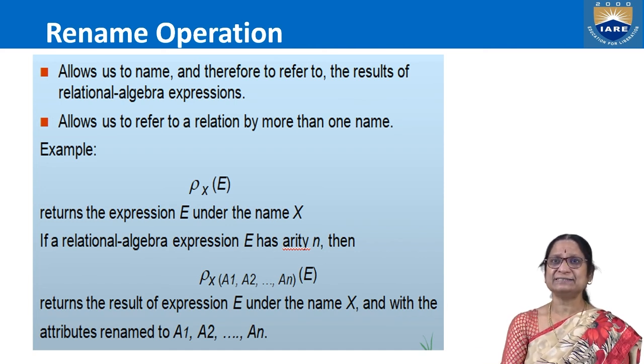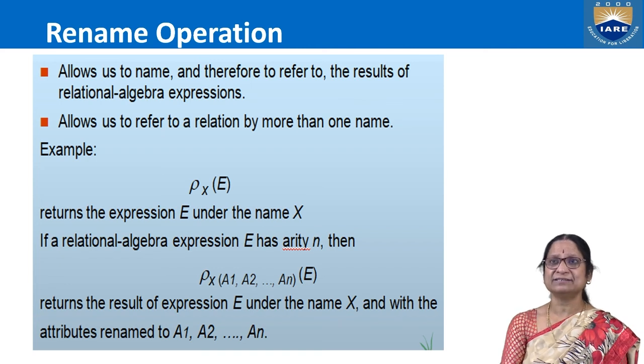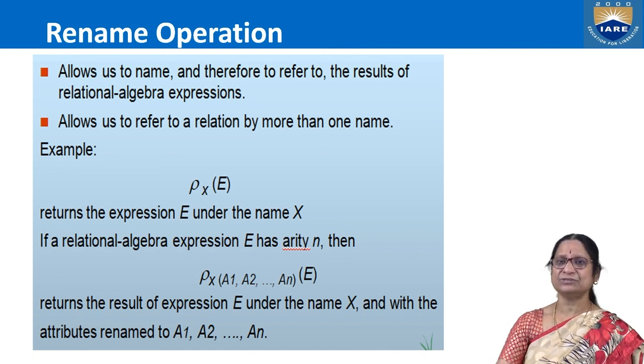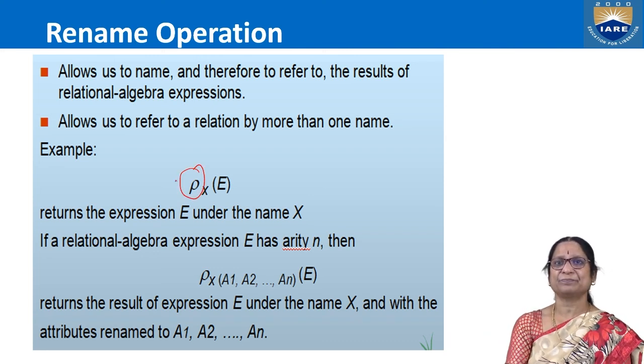The last operator is the rename operation. Rename operation means we would like to give a new name to the result or intermediate results of relational algebraic expressions. We can use this operator. This operator is represented notation-wise as rho. Rho is used to rename.